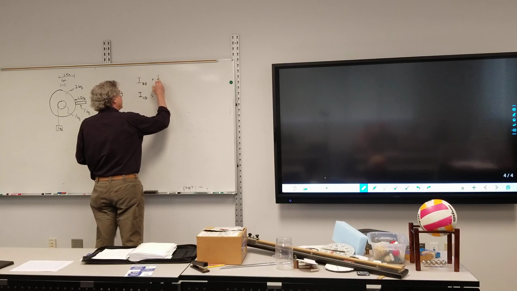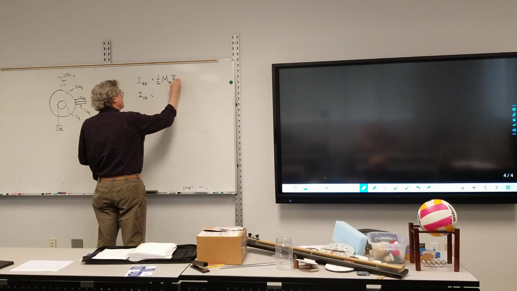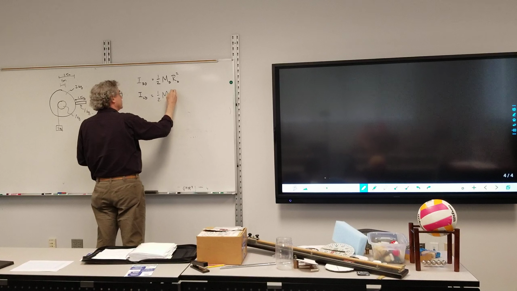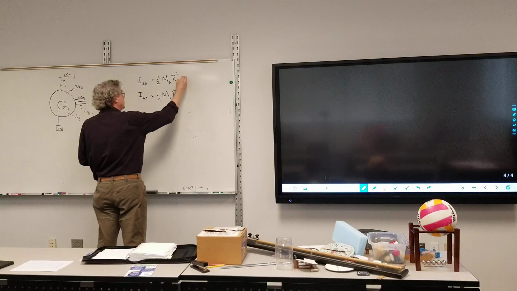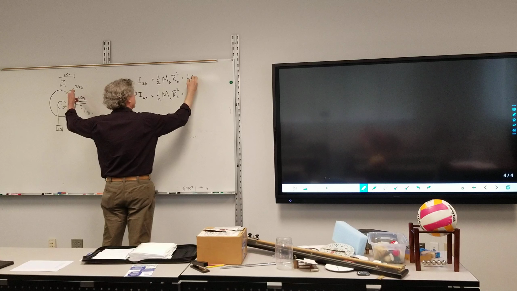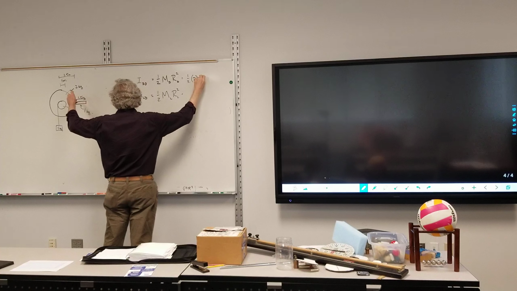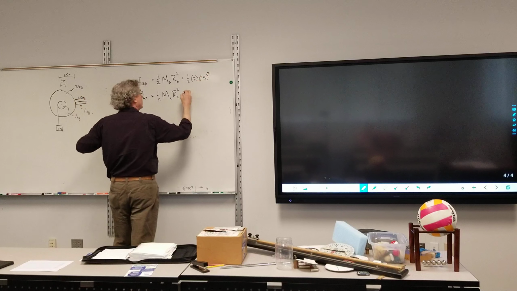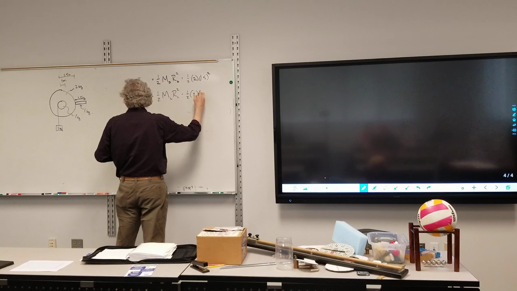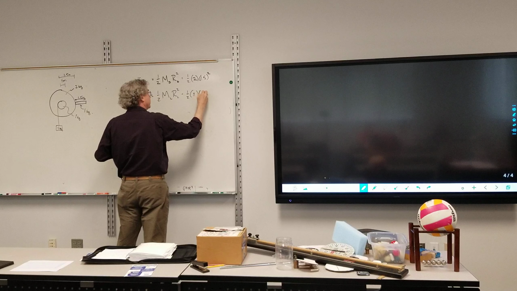So I have 1/2 times m of the big disc times r of the big disc squared, and this is 1/2 times mass of the little disc times radius of the little disc squared. So 1/2 times, what did I say? I said 2 kilograms times 1.5 squared. This would be 1/2 times 1 times 0.5 squared.